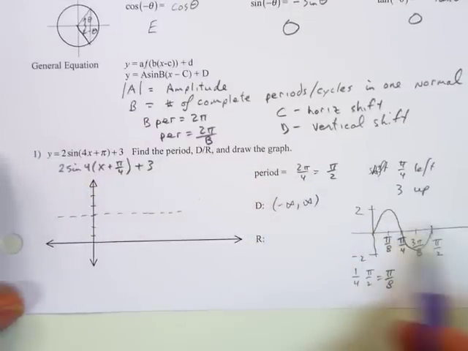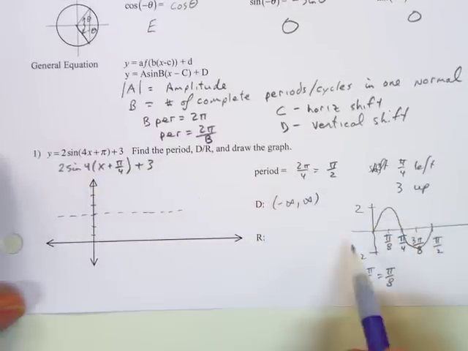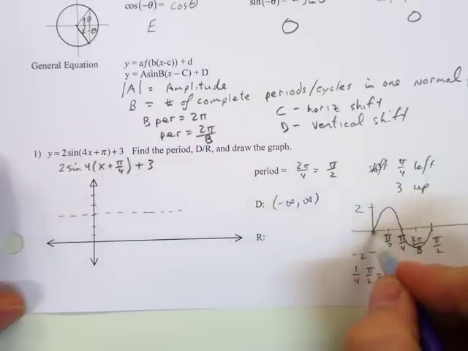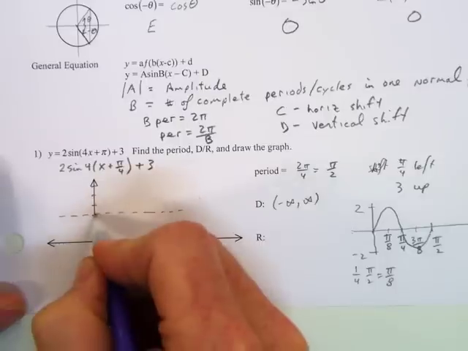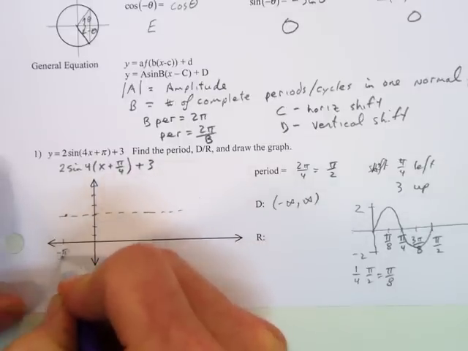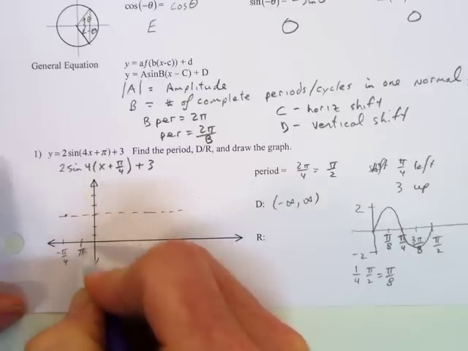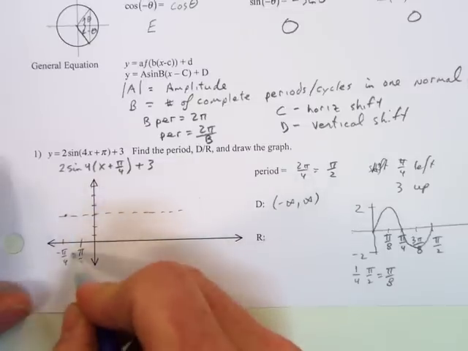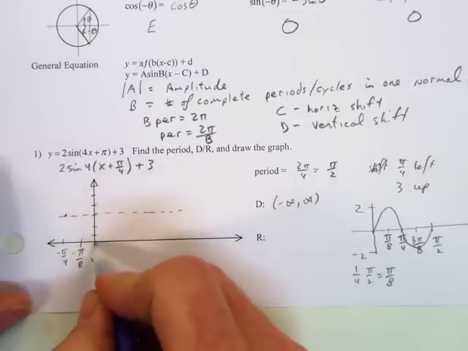And then we're going to take all these points here and shift them pi over 4 left. So instead of starting at the middle, it's going to go pi over 4 left. So we have negative pi over 4. And since 1/4 of the period is pi over 8, we're going to be incrementing in pi over 8 intervals.